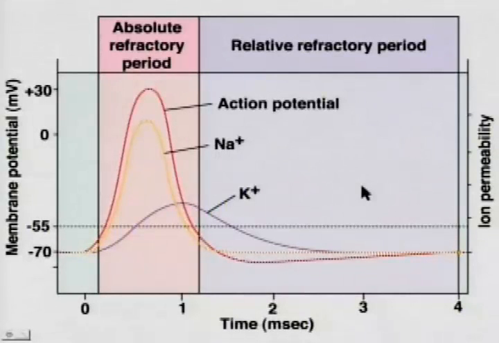So if potassium goes out with no other positive ion coming in, then you become more negative inside than outside, so you hyperpolarize. If sodium comes in, you become more positive inside than outside, and you're depolarizing. Potassium accumulates inside, you become more positive inside than outside, and so on and so forth. If you get chloride influx, you get more negative inside, you hyperpolarize.